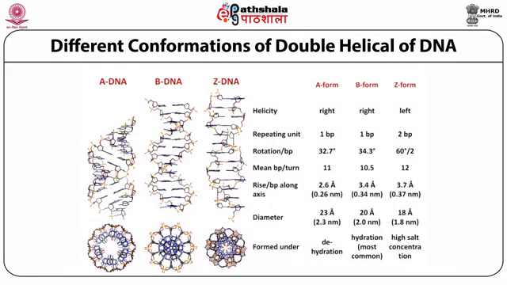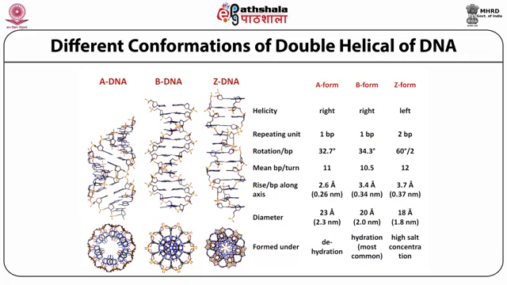So now we know three different structures of DNA: A, B and Z-DNA. You can see on your slide the side view and top-down view of the secondary structures. A and B have right-handed helicity, but Z has left-handed helicity.